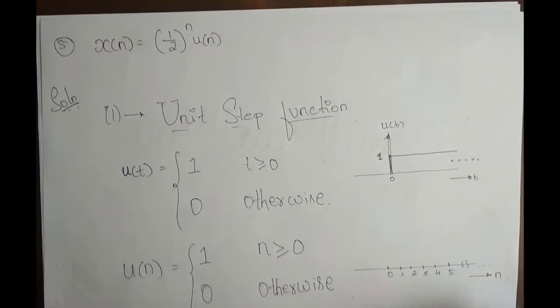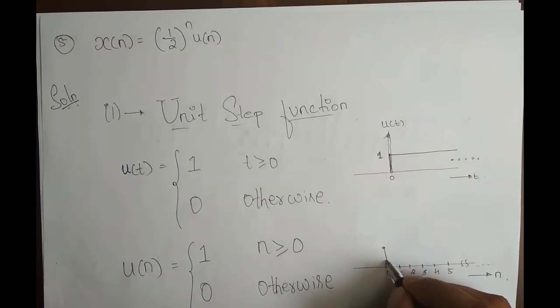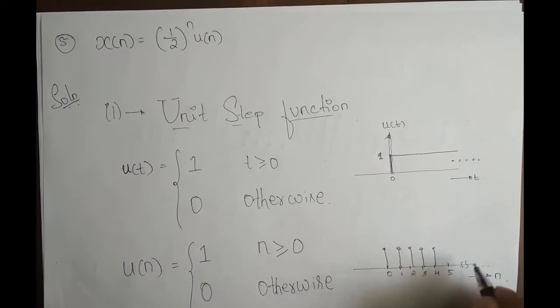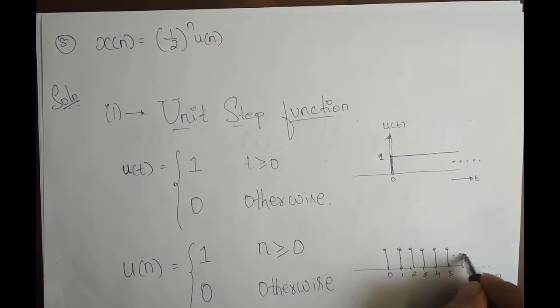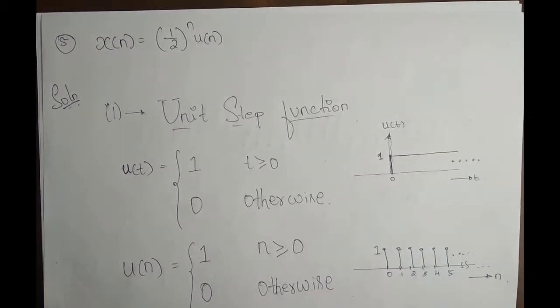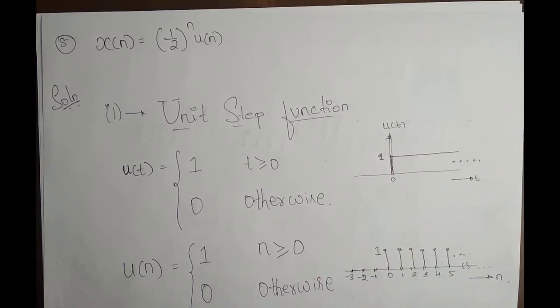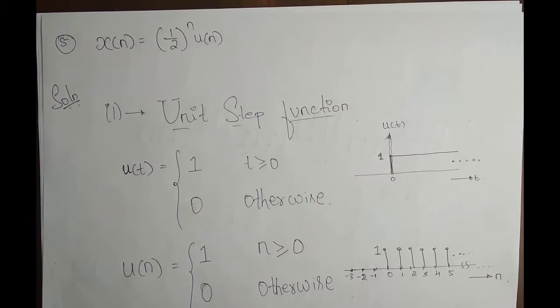This is the independent variable n. Its amplitude is 1 everywhere. At n equal to minus 1, minus 2, minus 3 till minus infinity, there are no samples, it is completely 0. So this is called the unit step function.